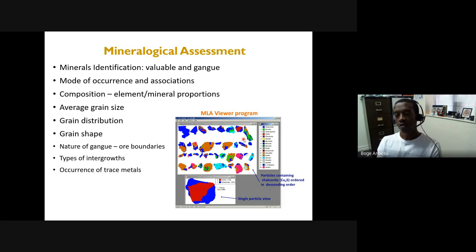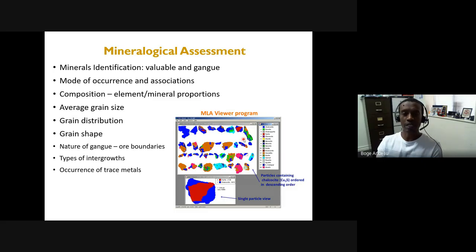Because just knowing that I have more than 0.5% copper doesn't mean anything. So you also need to know where the copper is located or what is hosting the copper. So if we know the copper is in sulfide, like chalcopyrite, then we can have a processing plant for it. If it's in oxide, then we can have a separate processing plant for it.